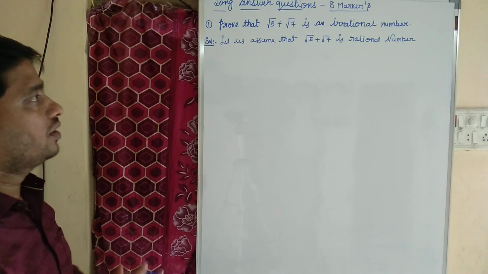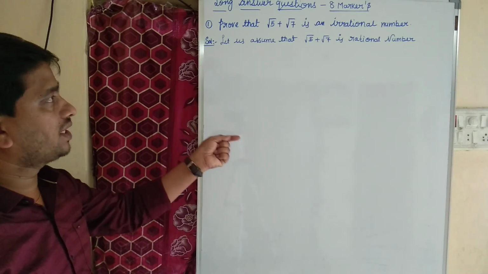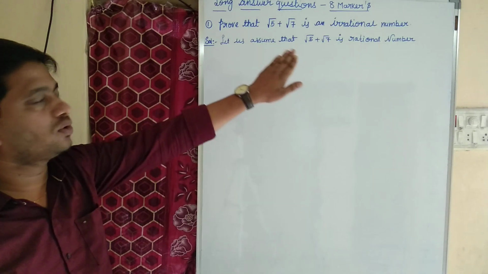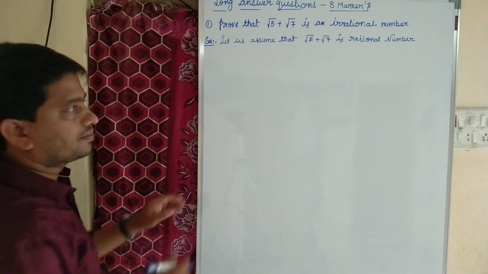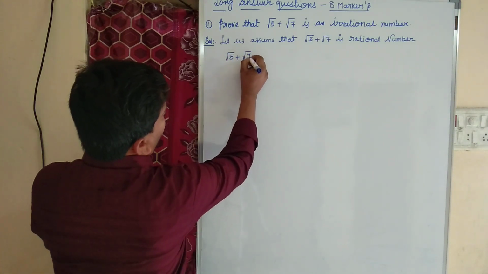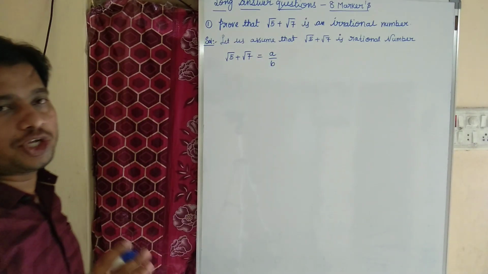This point you have to write. Rational number means it should be in the form of a by b, or else p by q.